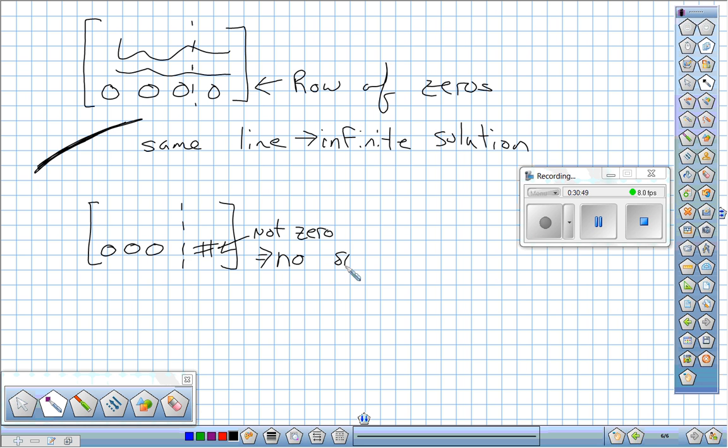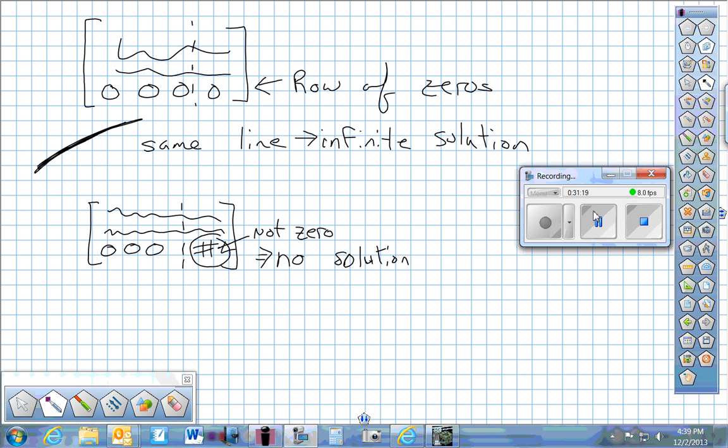And if you're checking these in your calculator, it's always going to be the bottom row. It would not necessarily be the bottom row when you do it out by hand. The calculator just automatically does it to the bottom row. Again, it doesn't matter what I have up here, I could have absolutely anything up here. Okay, but if I have some number over here, it's no solution. If it's a complete row of zeros, it is infinite solutions.